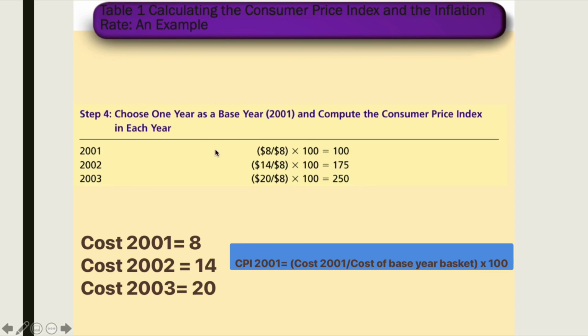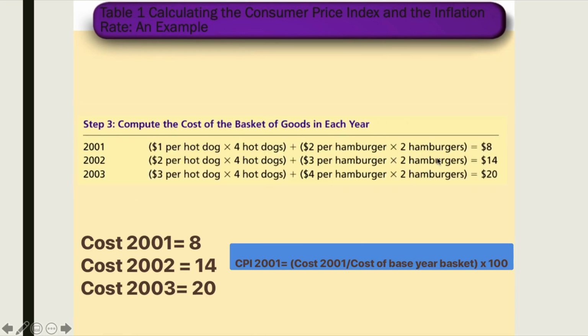In this example, we've chosen 2001 as the base year, as the reference year. The formula for calculating CPI is for every year you divide the cost of the basket for that year by the cost of the basket from the base year. So the cost of the basket of the base year is $8. So 8 divided by 8 into 100 would give you the CPI for 2001.